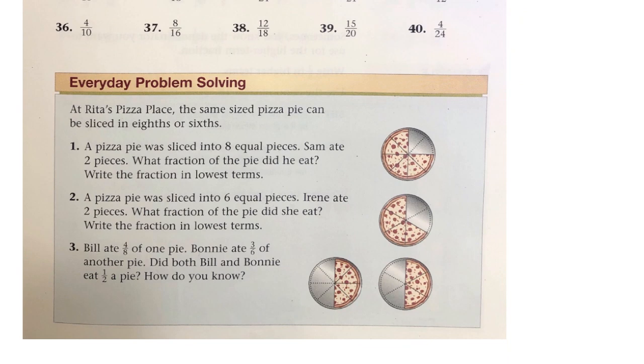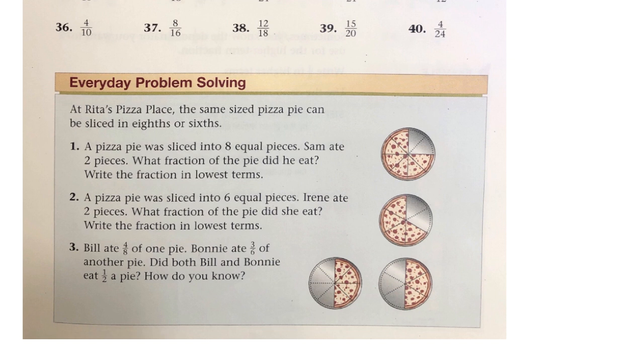Some everyday problem solving. At Rita's Pizza Place, the same pizza pie can be sliced in eighths or sixths. Number 1, a pizza pie was sliced into 8 equal slices. Sam ate 2 pieces. What fraction of the pie did he eat? Write the fraction in lowest terms.